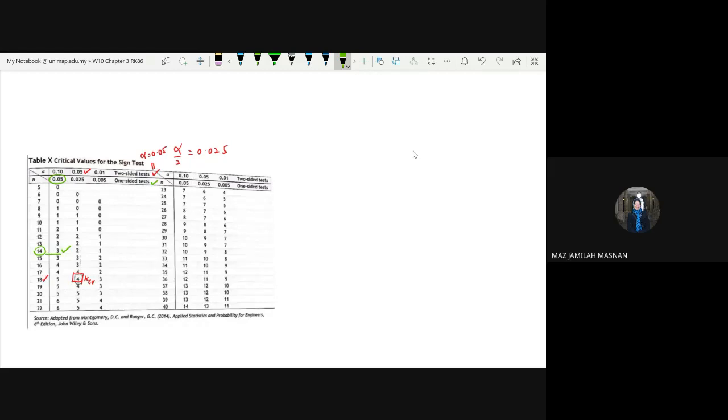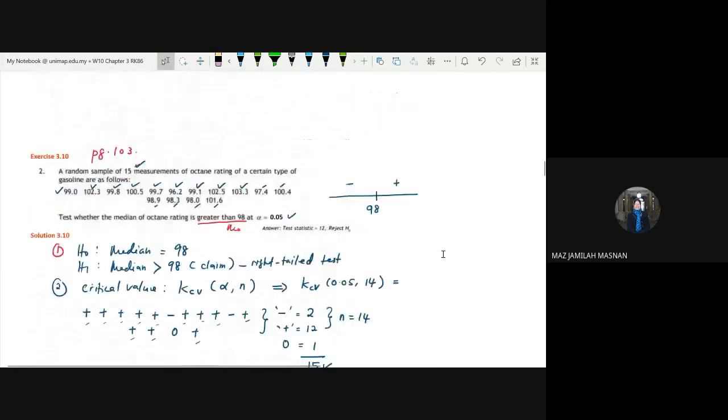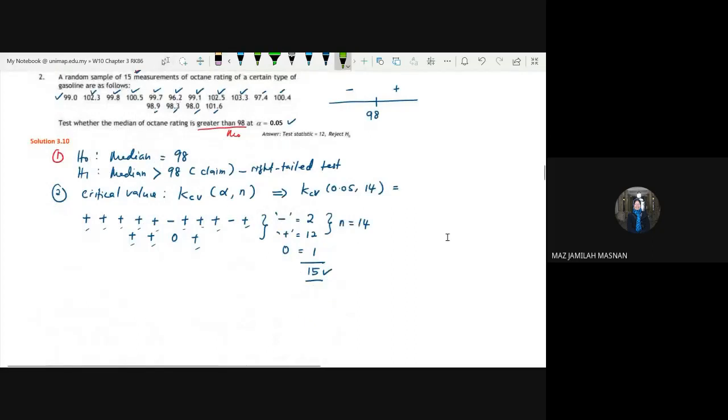Our KCV is equal to 3. Then go back, KCV is equal to 3. Number 3, find K, test statistic.